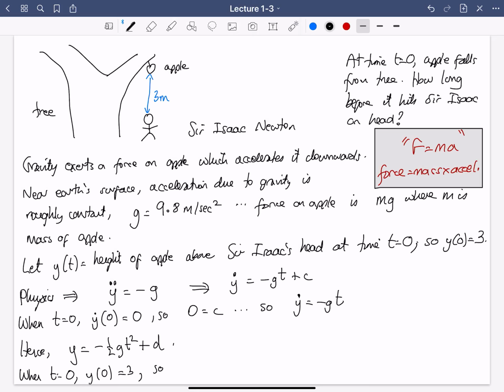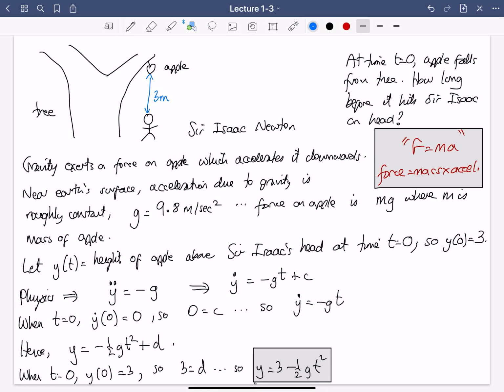So when I plug in t equals 0 in that equation, 3 equals d. So actually, y is 3 minus a half gt squared. So let's put a little box around that so that you see that. So that's our particular solution of that second order differential equation.